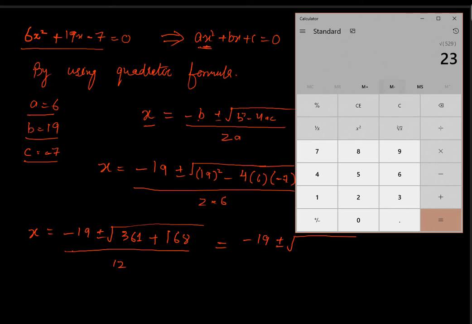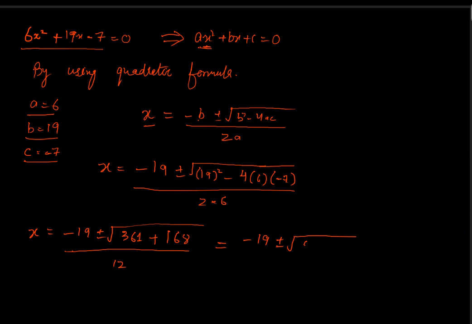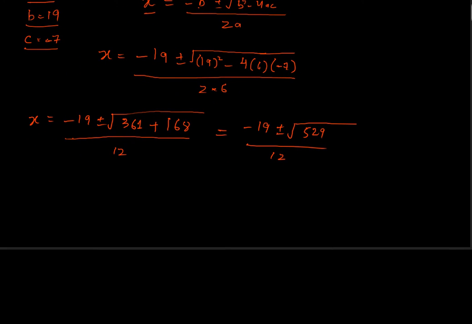And then the square root of 529 is 23. So x equals negative 19 plus minus 23, divided by 12.